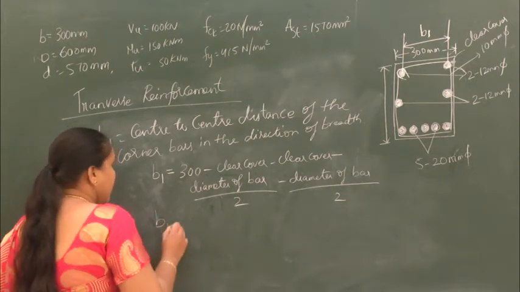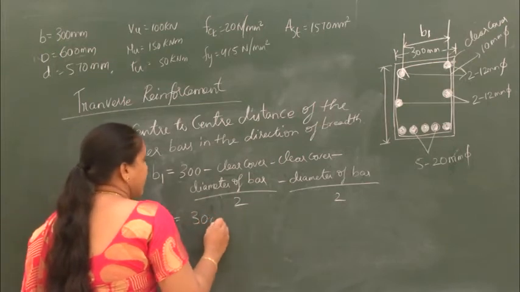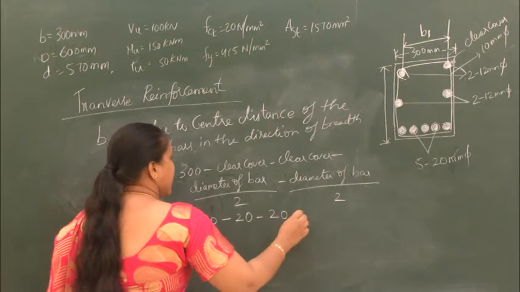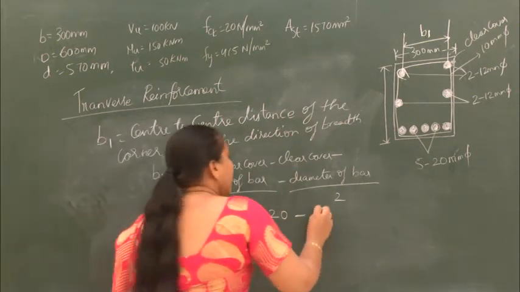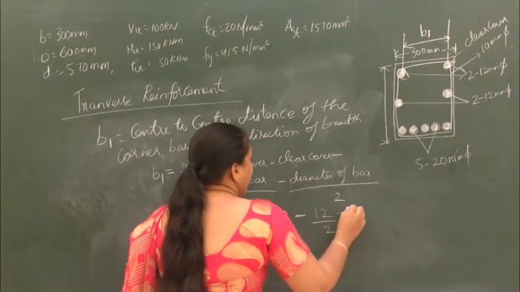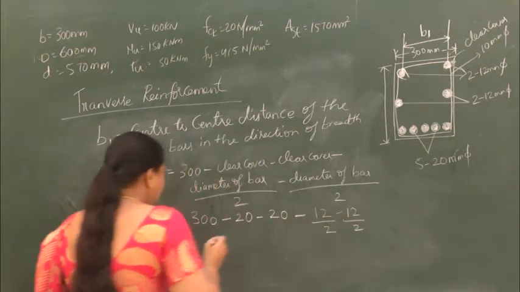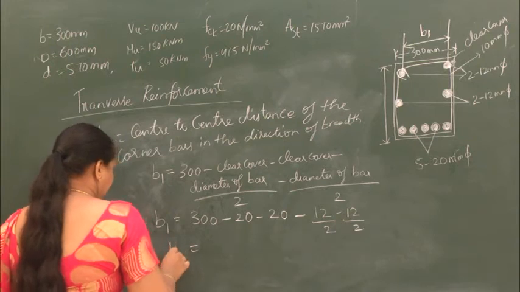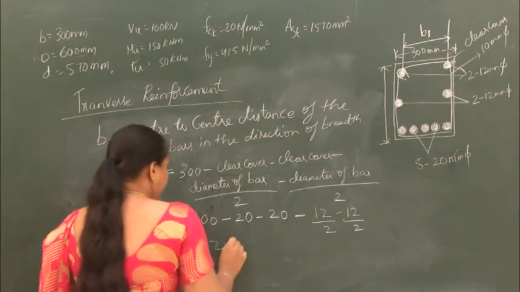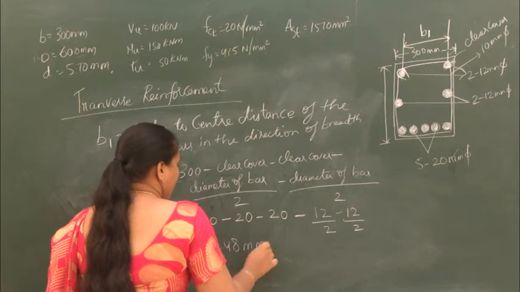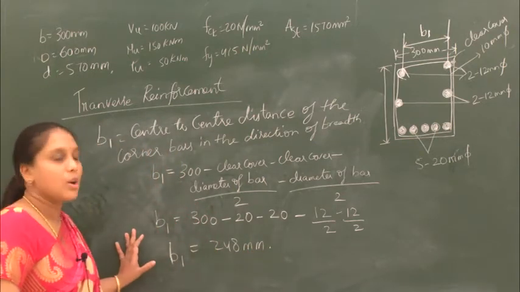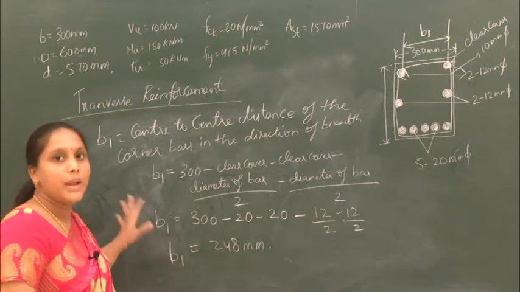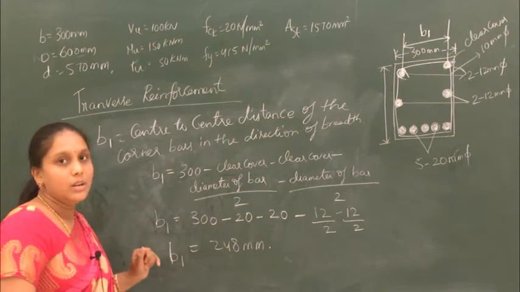So B1 will be equal to 300 minus clear cover 20, minus 20, minus the diameter of the bar, which is 12 by 2, minus 12 by 2. If you solve this, you will get a value of B1 as 248 mm. So the value of B1 is 248 mm.